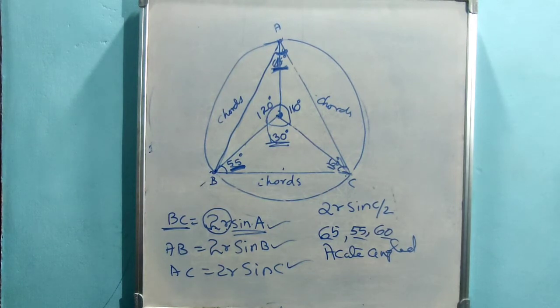That is, every side of an acute angled triangle is the product of 2 times the circumradius and sine of the opposite angle. Now if the triangle is a right triangle, what happens? Let us discuss.